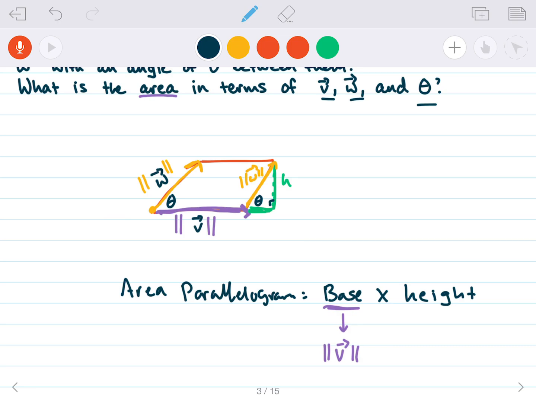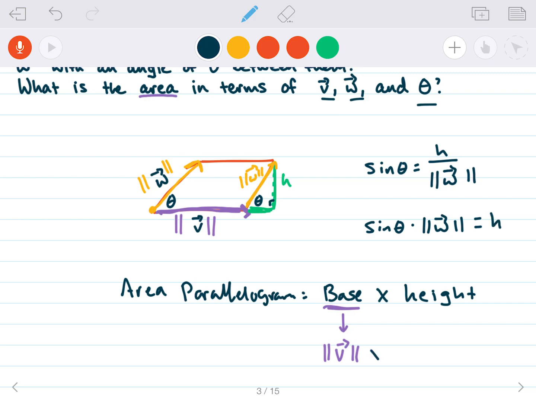So how can we talk about h in terms of theta? Well, we can set up a trigonometric equation. We can say the sine of theta is equal to opposite, which is h, over hypotenuse, which is the magnitude of w. Isolating h, multiplying both sides by the magnitude of w, we get sine of theta times the magnitude of w is equal to h. Okay, so that's our height.